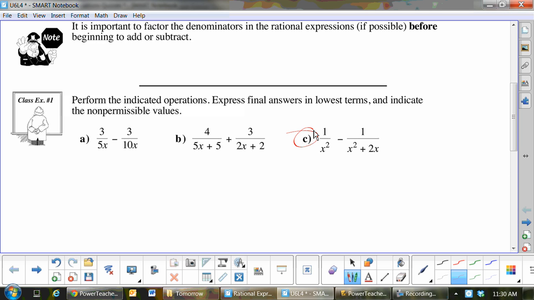Now, look at C. Anyone know what a common denominator is for C? X squared plus 2x. It's not. I just want you to try this, because this is what you guys want to do. Is this correct?